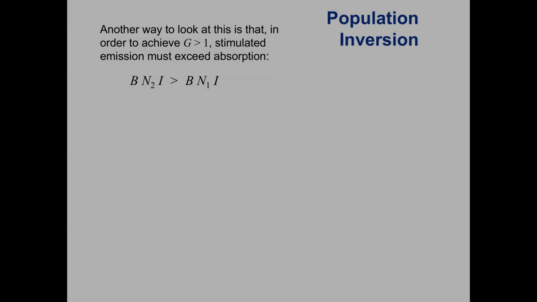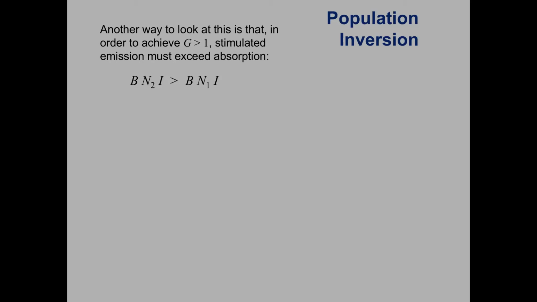So basically, in order to get a positive coefficient in that exponent, and thus in order to get the intensity to increase with travel distance, what we need is to have more of our atoms or molecules in the higher energy level than the lower energy level. And in laser terminology, this is called population inversion.